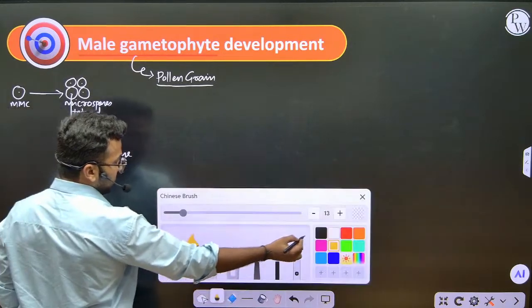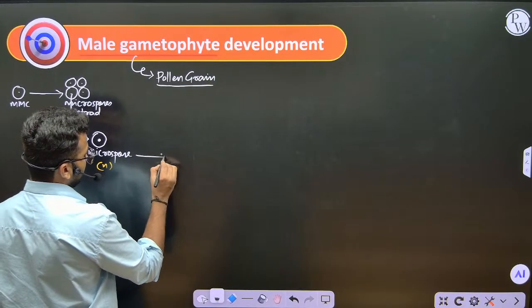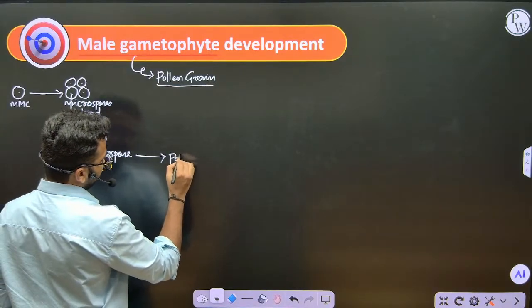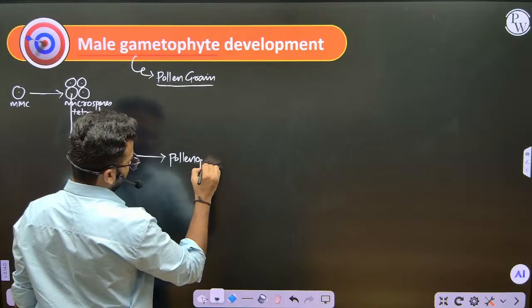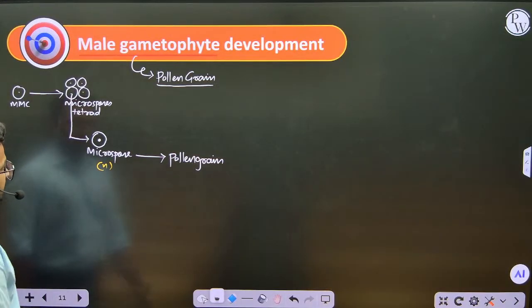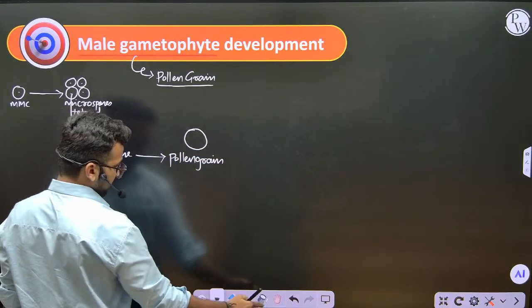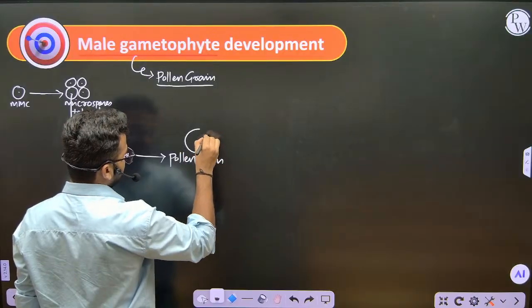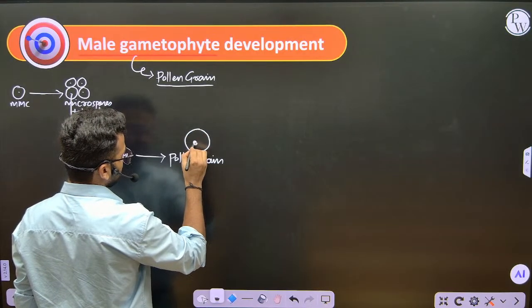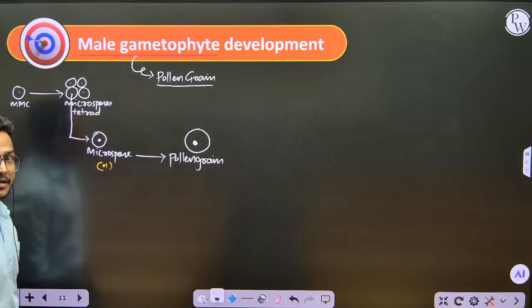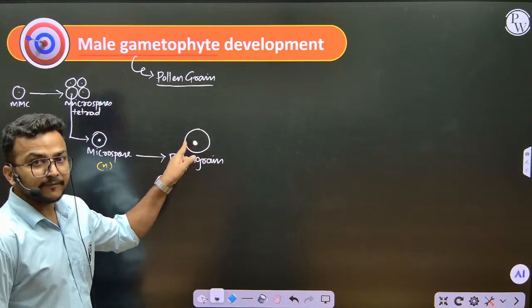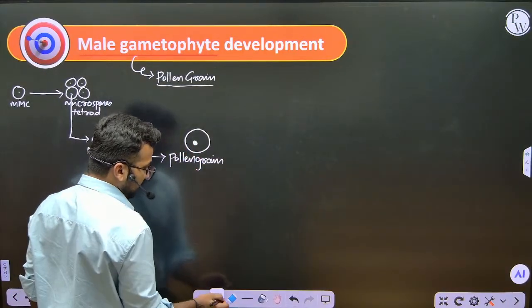When the formation of pollen grains takes place, the pollen grain initially will be a single cell. The single cell will be there. It is the pollen grain, which is having one nucleus of haploid content.